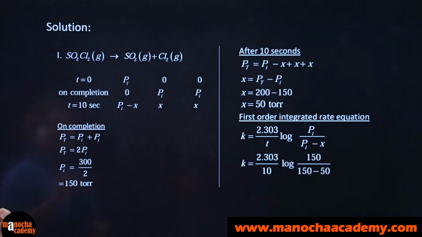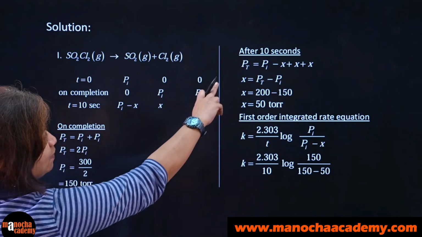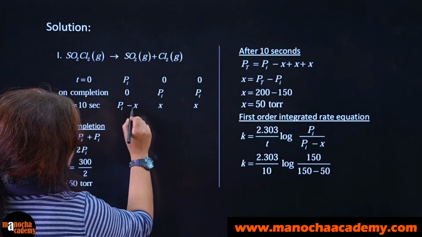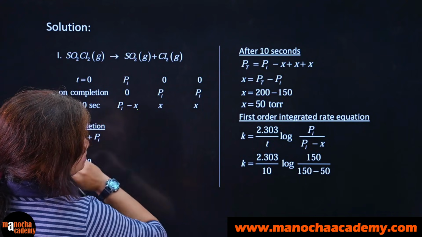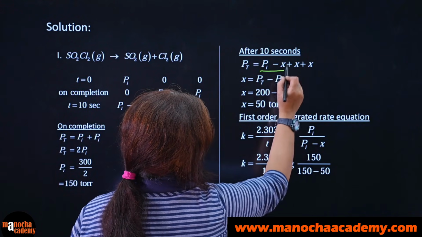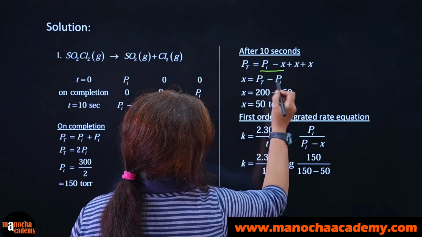Now on completion, what is the total pressure? You are adding up everybody. That is Pi minus X plus X plus X. From here, you are actually getting Pi plus X.